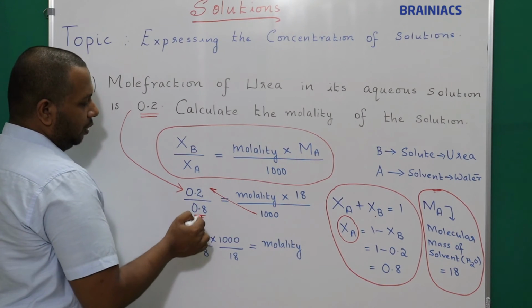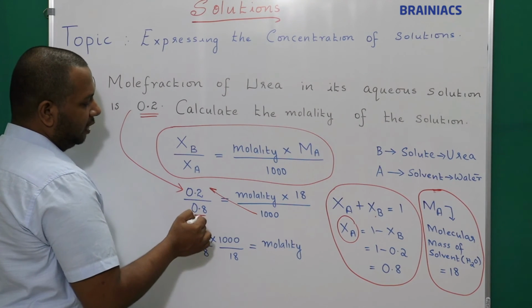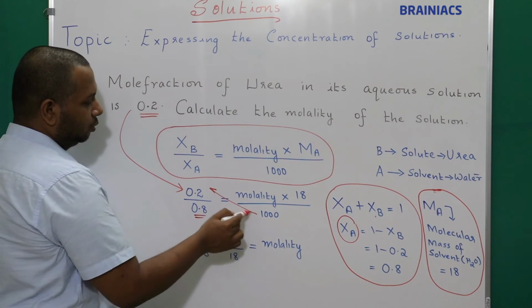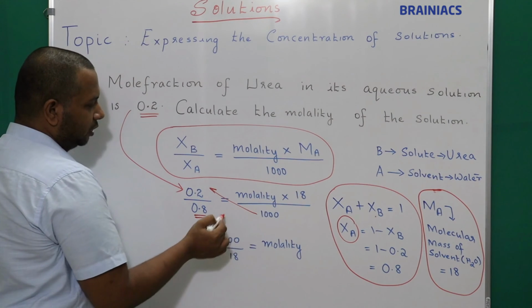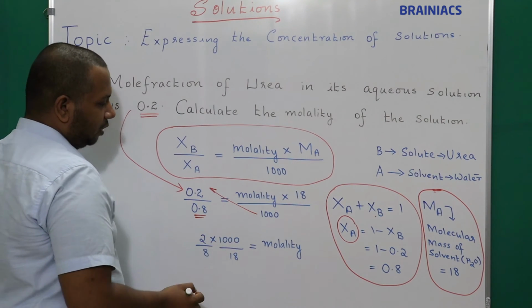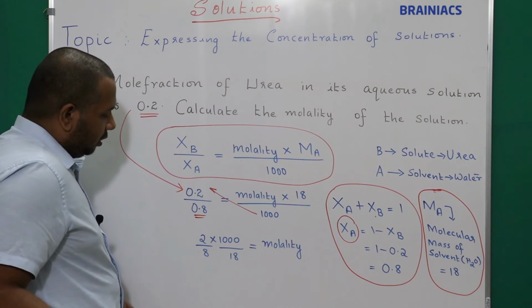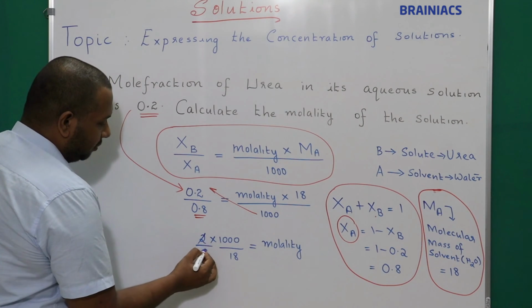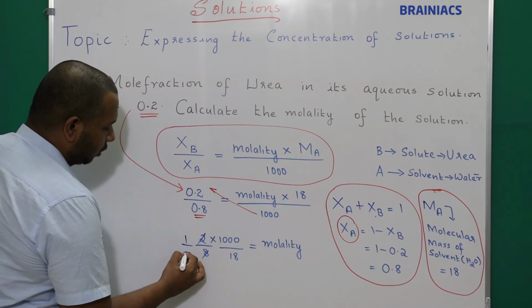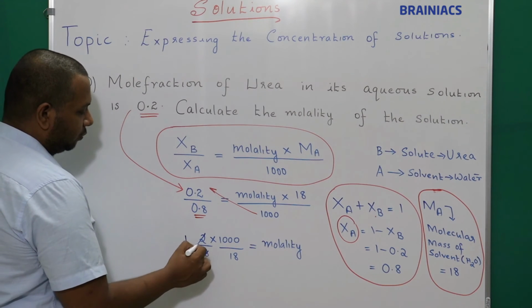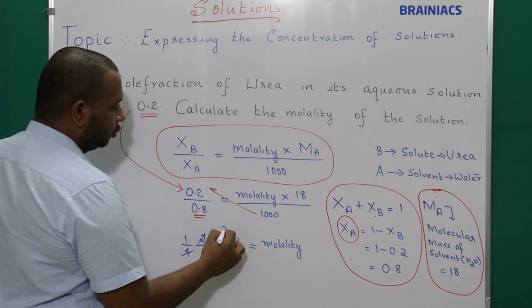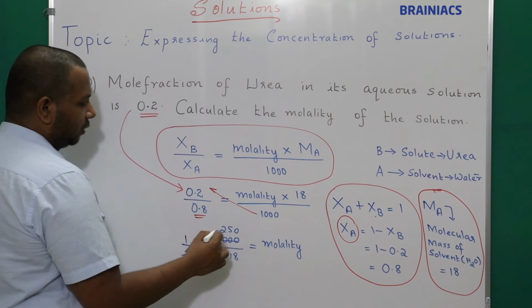So 0.2 by 0.8 is 2 by 8, equal to molality into 18 by 1000; 18 goes to the denominator. 2 by 8 is 1 by 4, and 4 cancels with 1000 to give 250, because 250 into 4 is 1000.